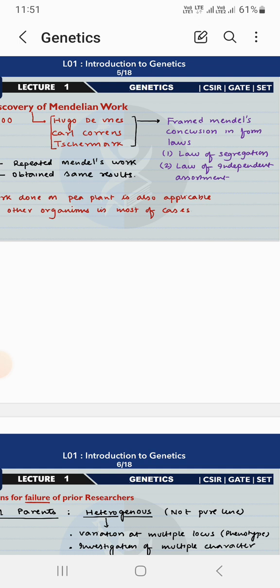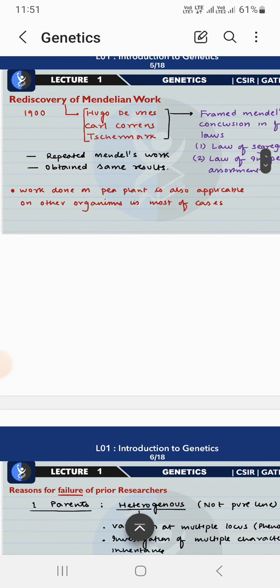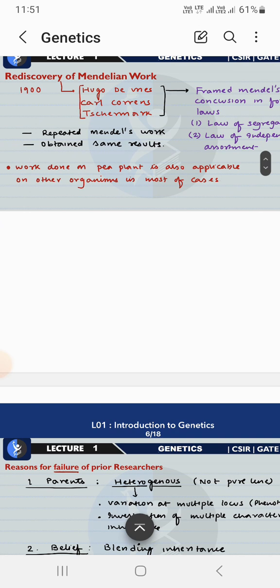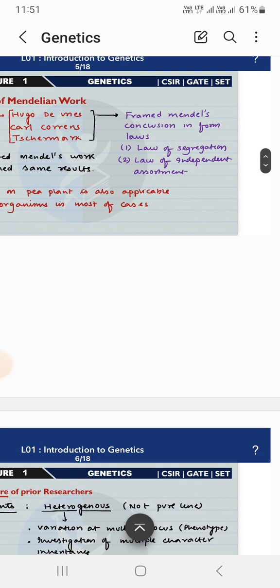They repeated Mendel's work and obtained the same results, and they gave the concept of dominance, the law of segregation, and the law of independent assortment.